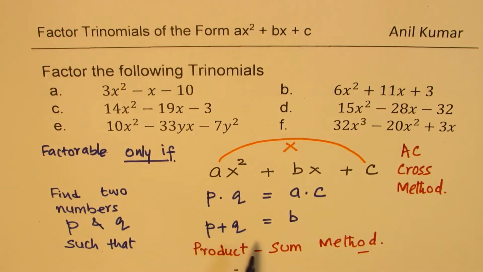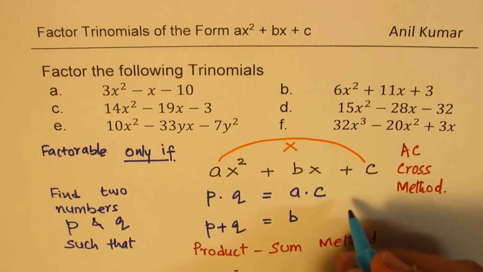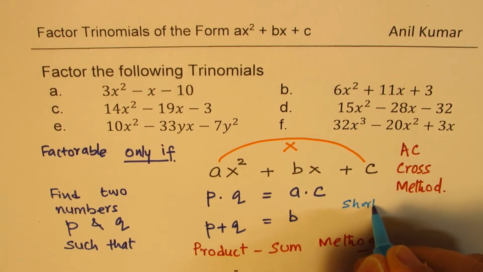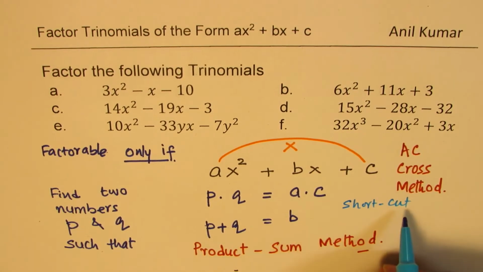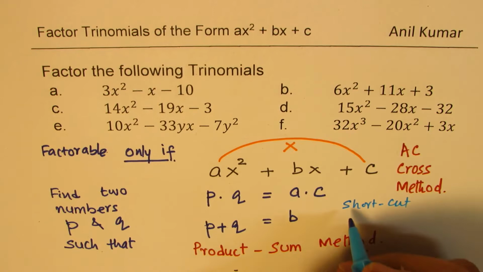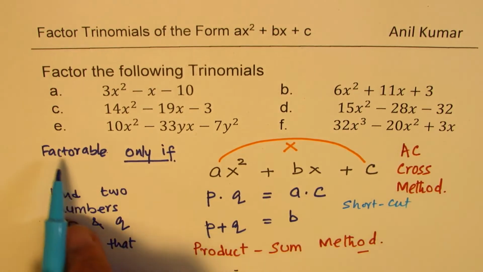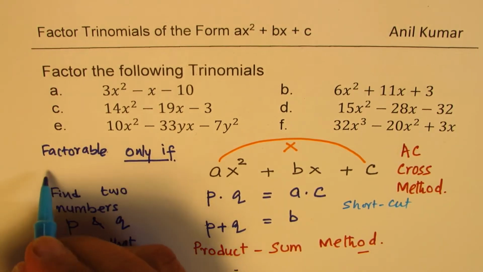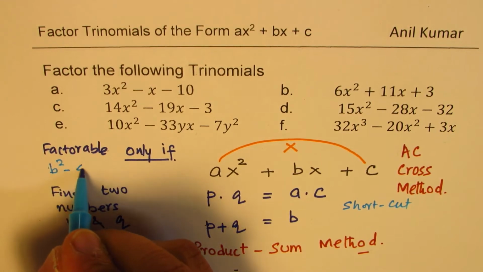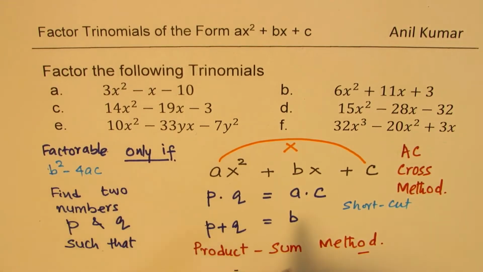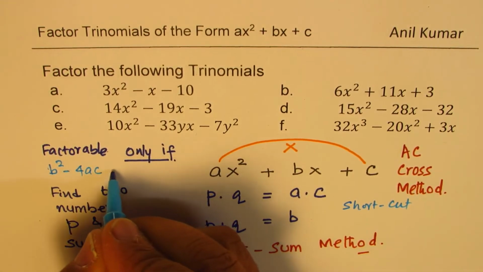But we can straight away see that if we get the product sum combination, you can factor. The other thing which I will write as a note here, shortcut. This shortcut is only to figure out whether it is factorable or not. So I'll write here, factorable only if b square minus 4ac is integer.